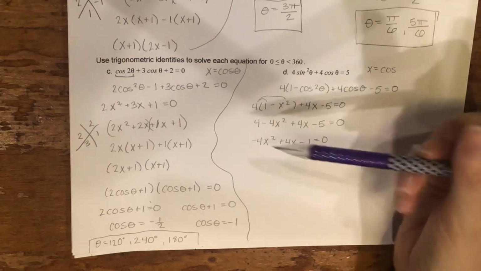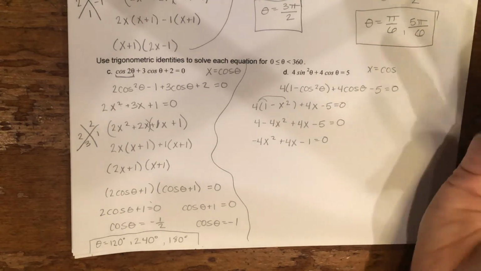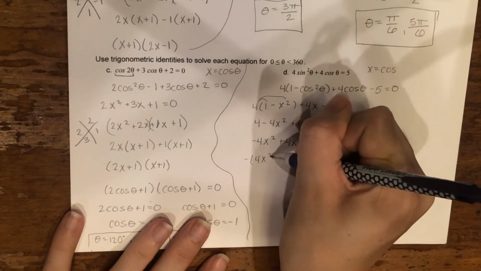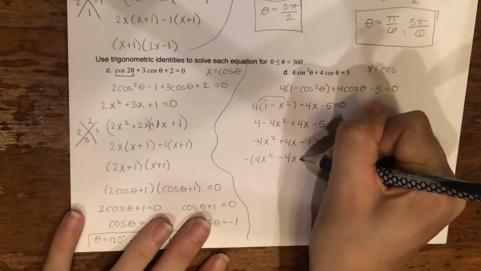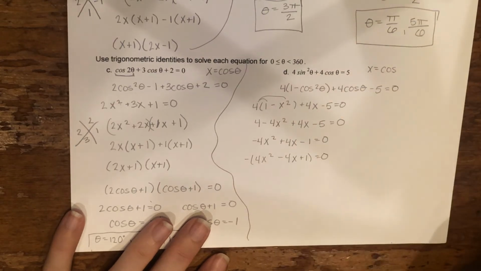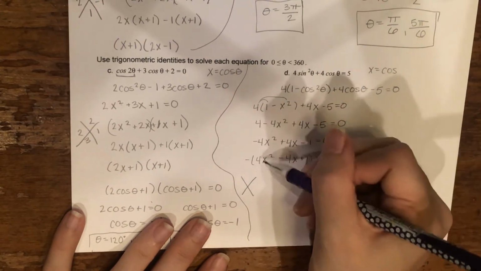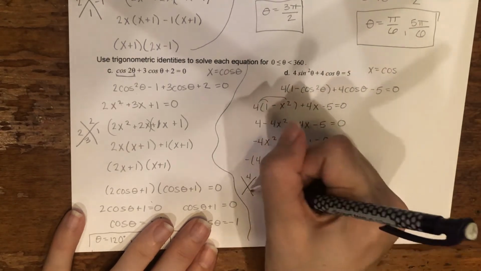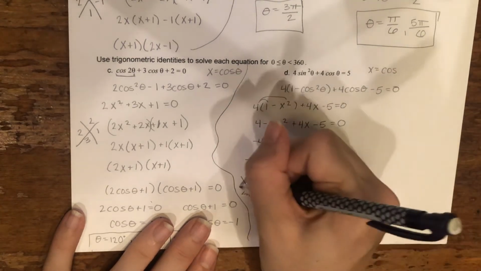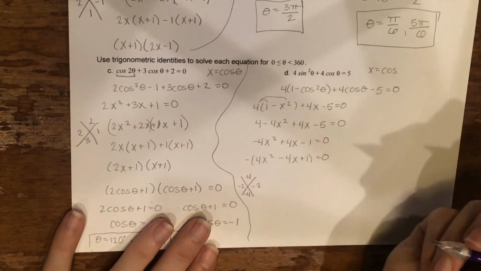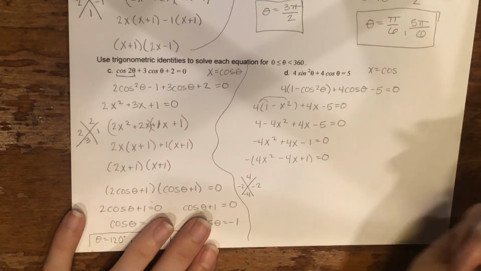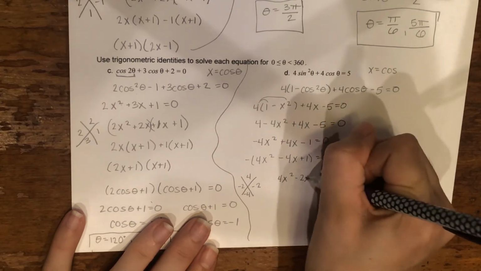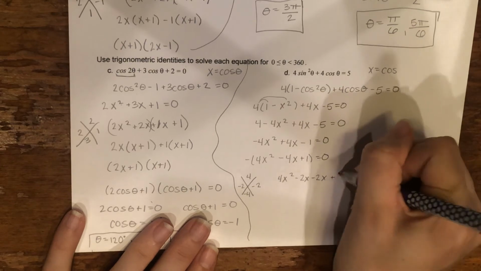In order to factor this though, we can't have a negative, so we're just going to take out a negative, and I would have 4x squared minus 4x plus 1 equaling 0. Okay, so I'm multiplying. 4 times 1 is a positive 4, and then I have a negative 4. That would be negative 2 and negative 2. So then I would have 4x squared minus 2x minus 2x plus 1.